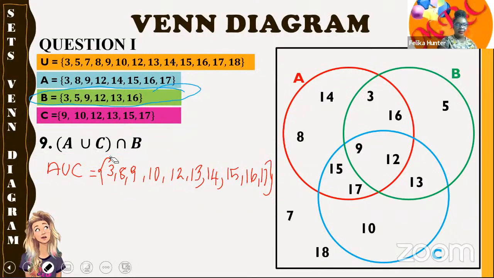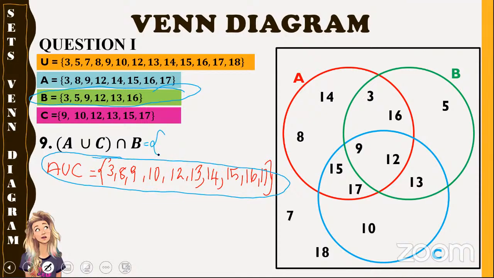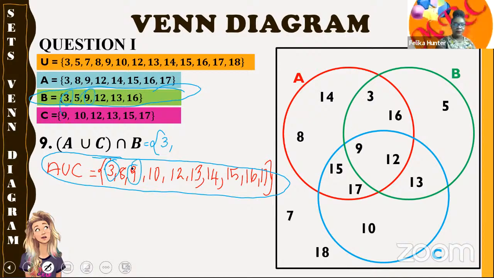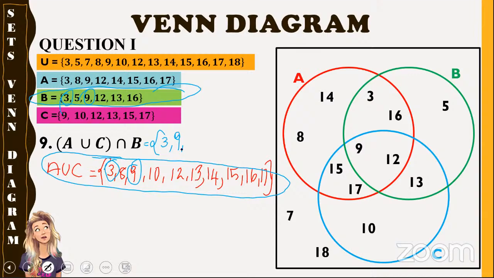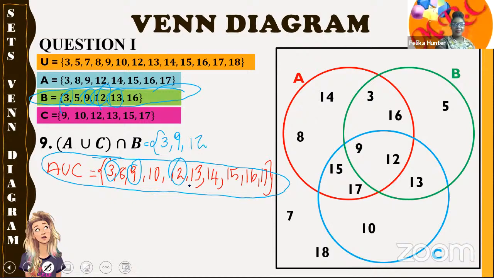All right, so the intersection. It will be 3, 9, 12, good, 13, and 16.